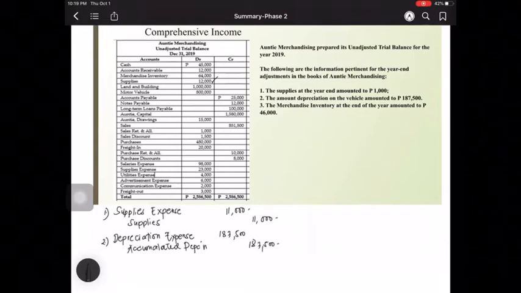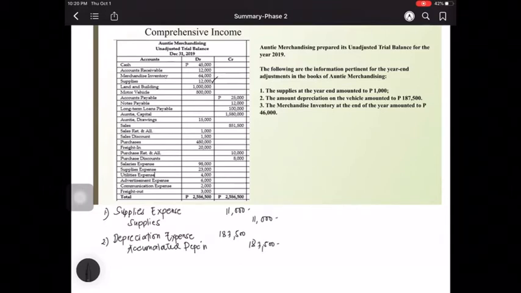Okay, because under your periodic inventory method, the amount of the merchandise inventory end is contingent on the physical counting of inventories left made by the business at the end of a particular accounting period. Okay, so in this case, at the end of 2019, the business was able to determine that the merchandise inventory amounted to 46,000 pesos.